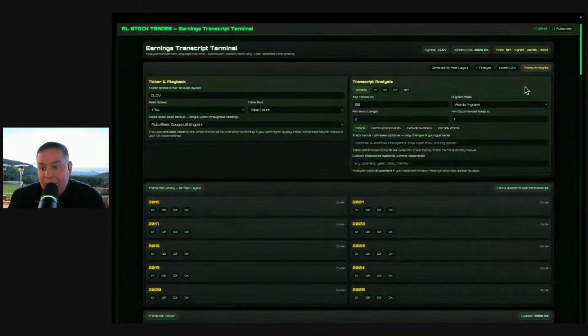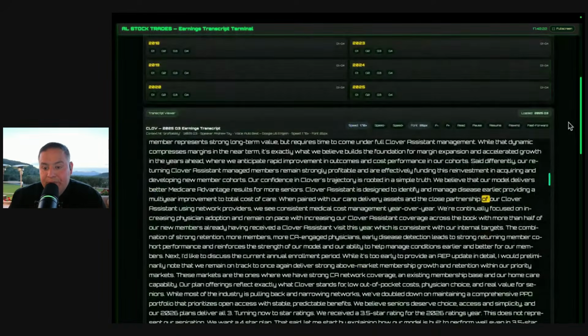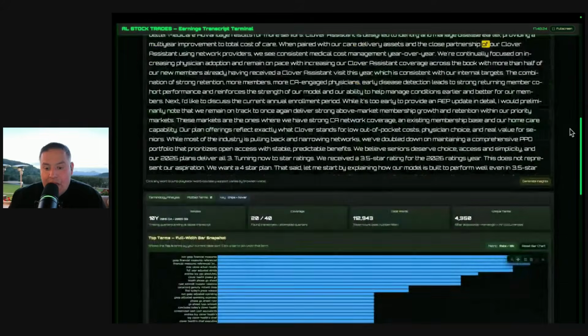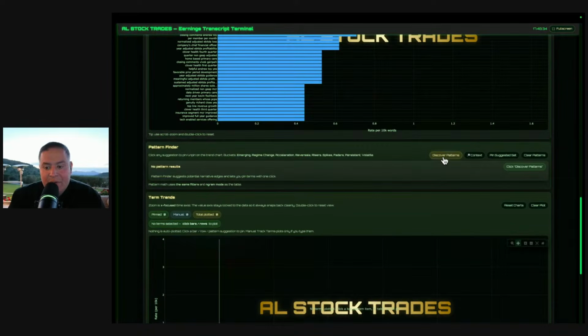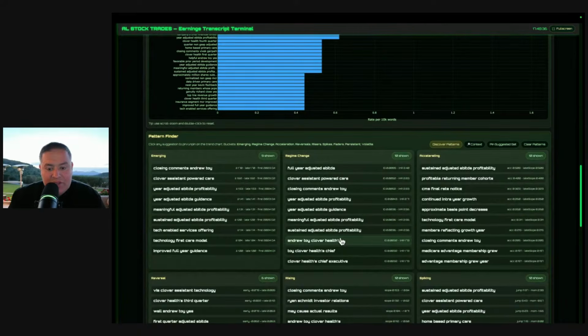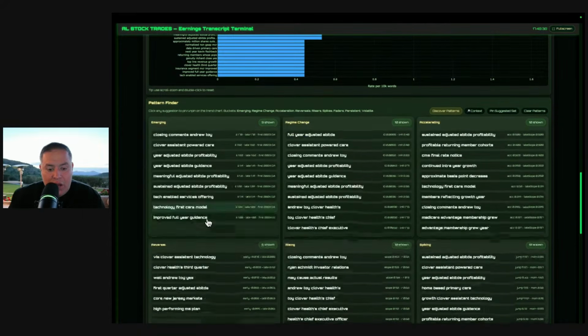Like, for example, if we go ahead and do a forward token analysis, you could see we're analyzing 112,000 tokens, and these are the words that come up. If we can discover patterns, we could start to see really cool words here, like per member per month.